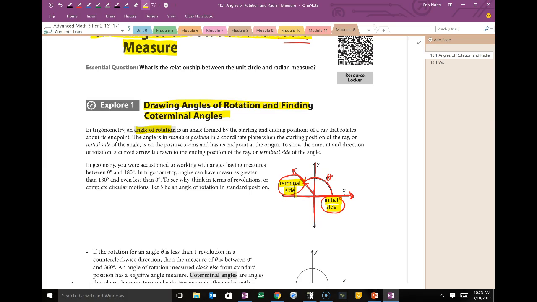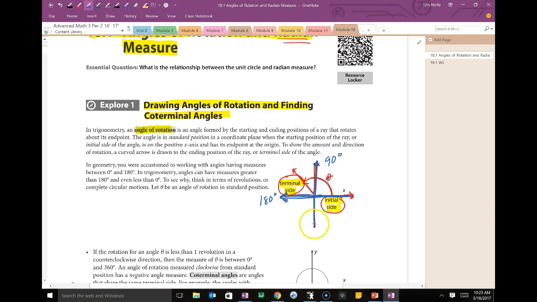Okay, so do notice that if we were to go straight up, this would be 90 degrees. Okay, so if I'm talking straight up and down here, let me use a different color. From the initial side straight up on the y-axis, that would be a 90-degree rotation. If I went straight out over here, all on the x-axis, that would be a 180-degree rotation.